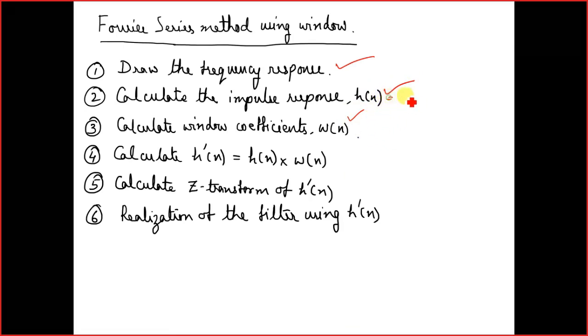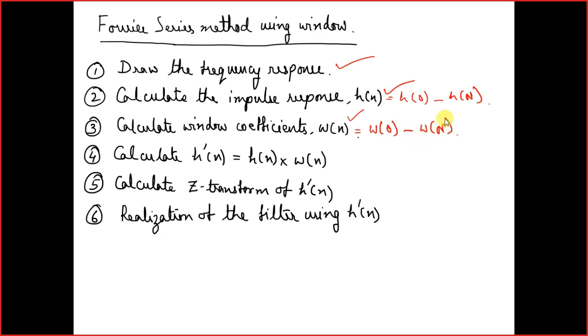Just like Hn, which varies from H0 to H of capital N, the window coefficients also vary from W0 to W of capital N. The length of Hn and Wn are the same.